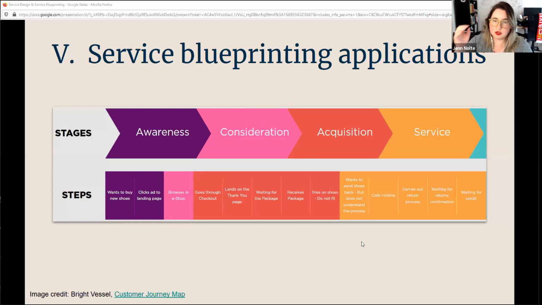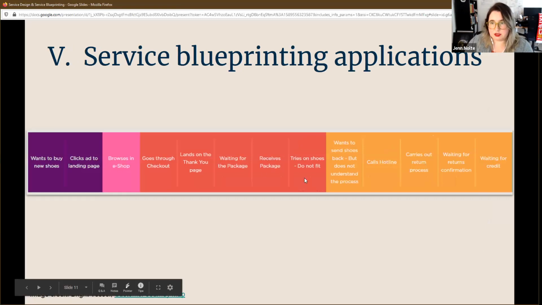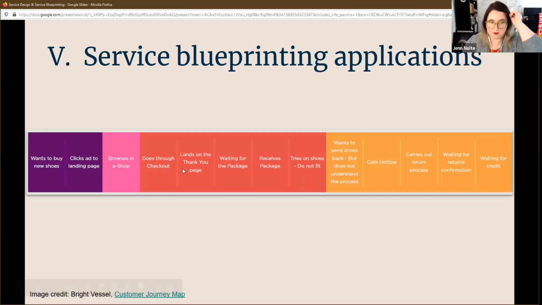That customer journey is something that we're going to keep at the forefront when thinking about a service blueprint. But then there's tons and tons of information documented about what's happening on the back end, behind the scenes, let's say. And this is just a close-up of the different steps from the Bright Vessel customer journey map.